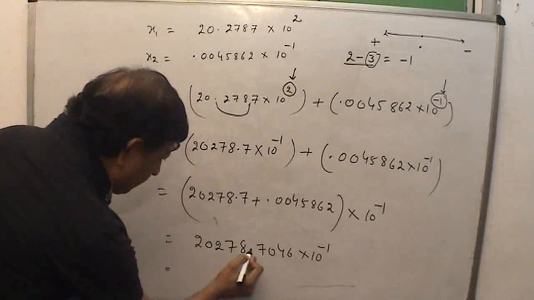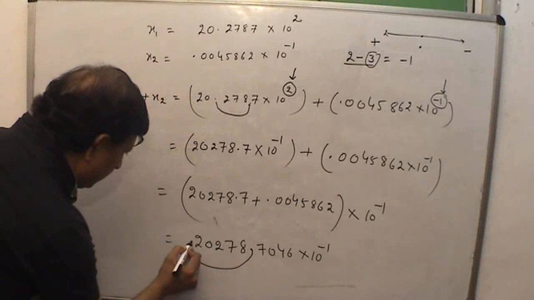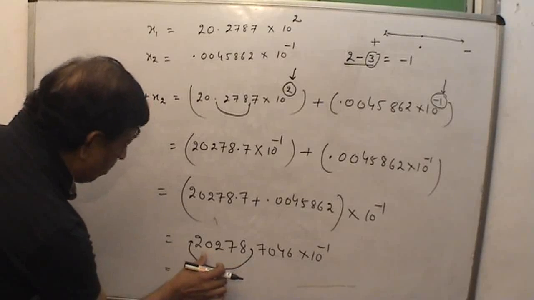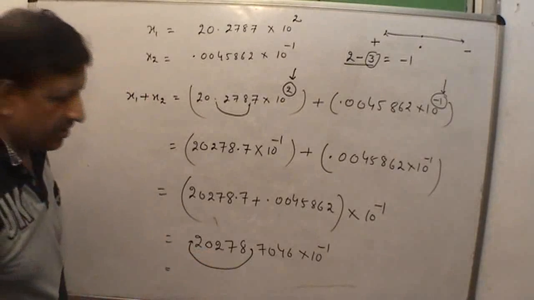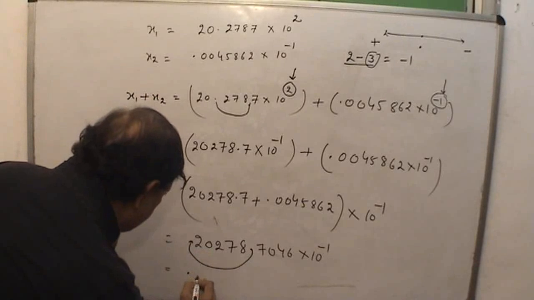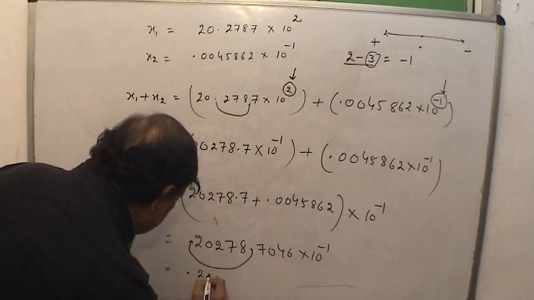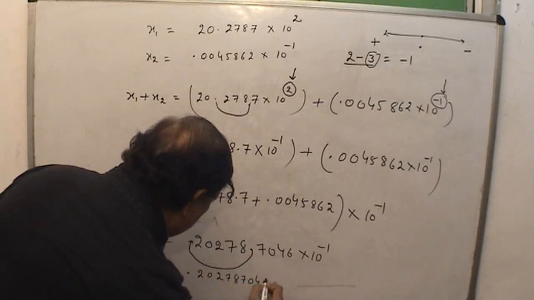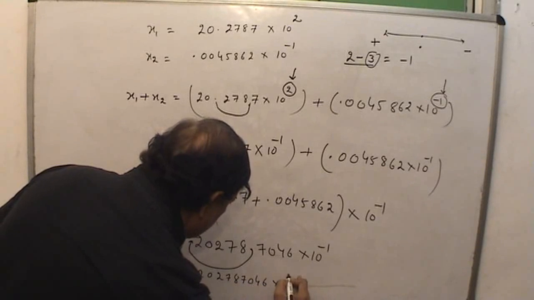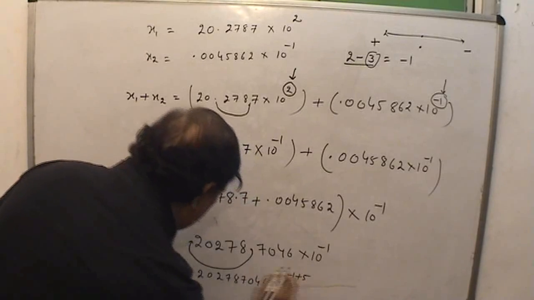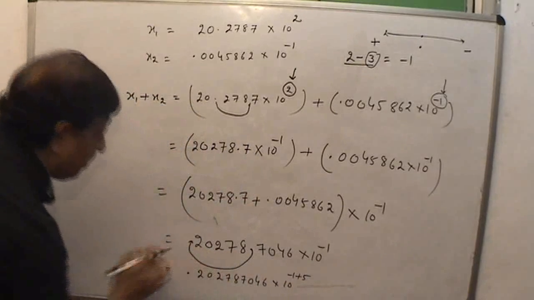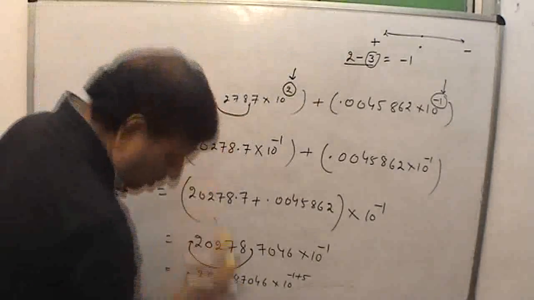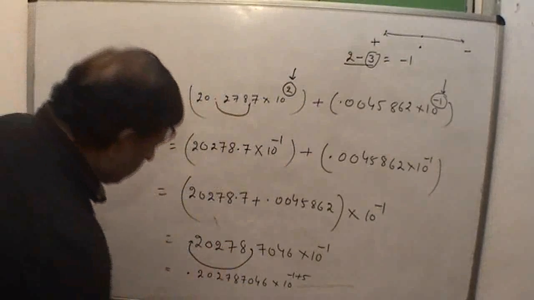We will have to shift this decimal here. How much place? 1, 2, 3, 4 and 5. Plus, we will write 0.202787046 into 10 raised to the power minus 1 plus 5. 1, 2, 3, 4 and 5. Still it is not in the standard form. So we round off this figure like this.